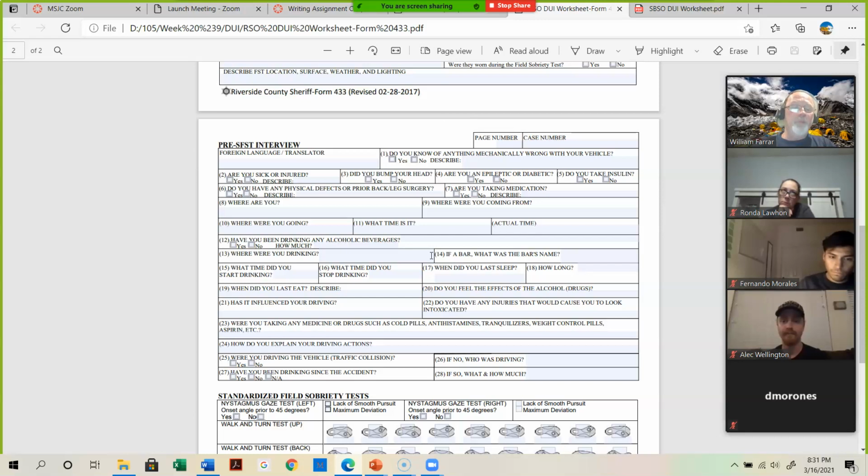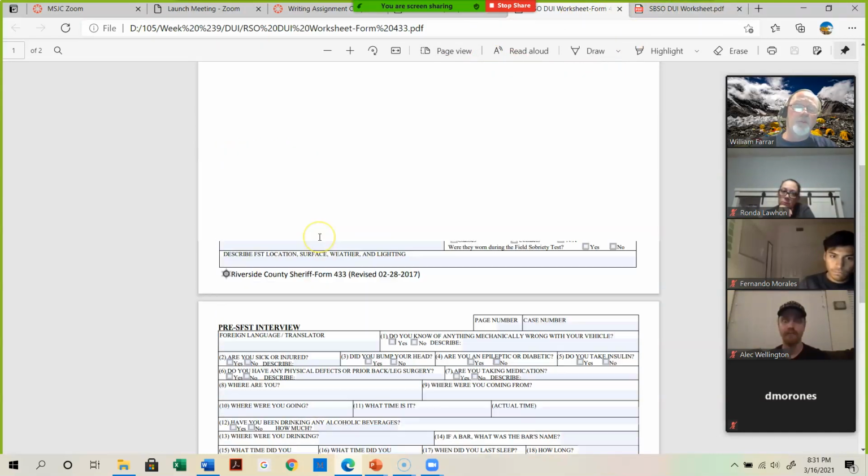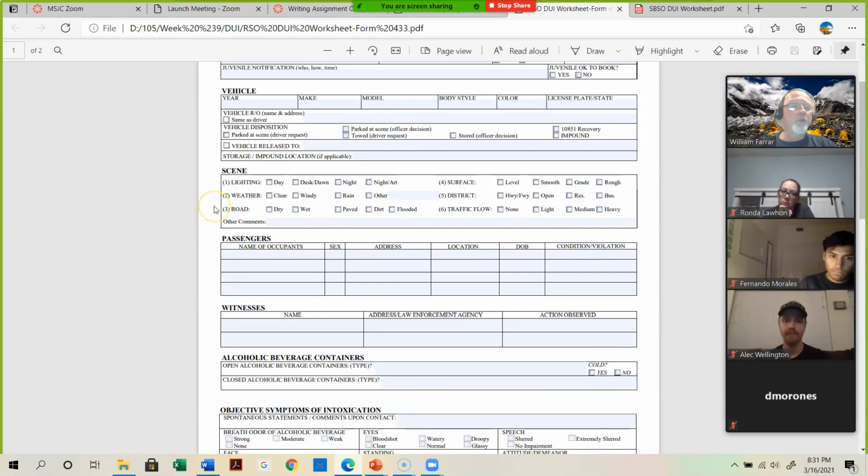But the crime face page is the same one that we've been using all along, and it's in the forms, along with both the Sheriff's Department and the Riverside Sheriff's Department DUI forms. So they're both there. Is that what you were asking me? Yes. Okay, I just want to make sure.